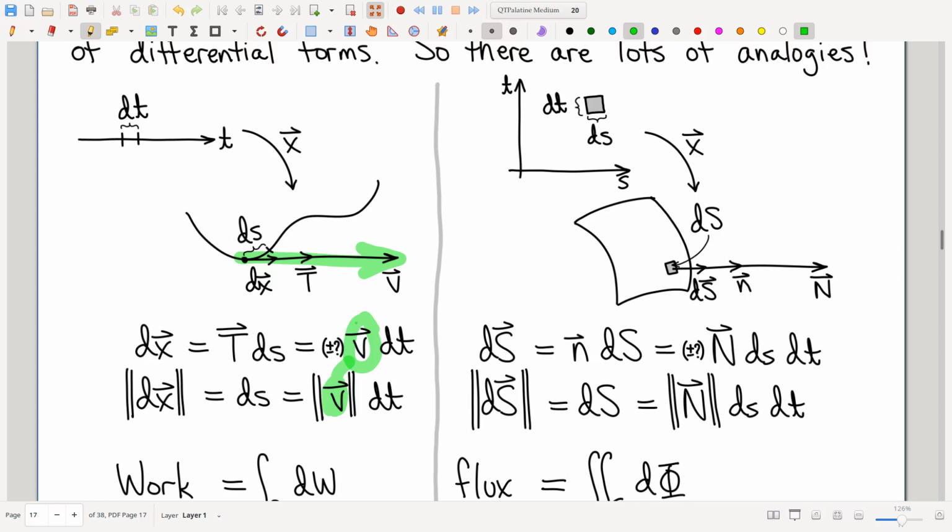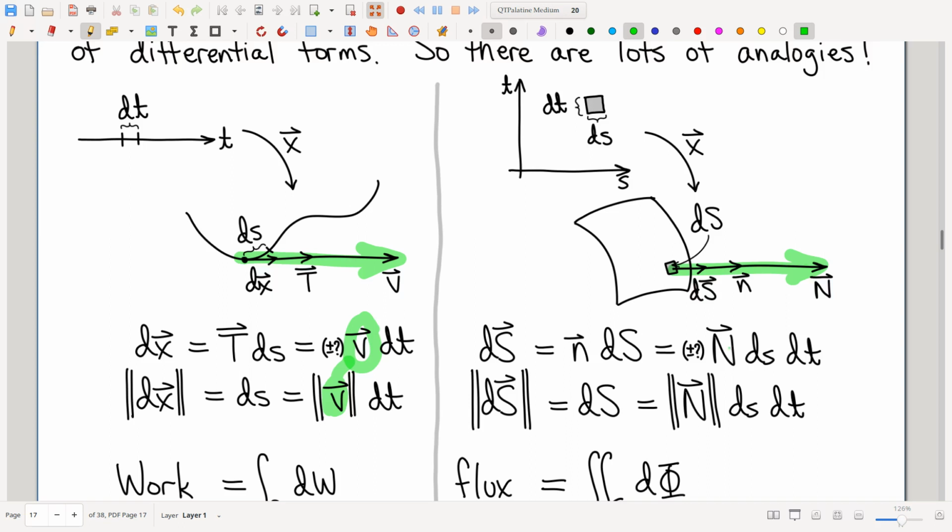All right, well, check it out. Over here on the other side, we have this capital N vector. And where did capital N come from? It came from derivatives of your parameterization. That's where V came from. V was the derivative of the parameterization.